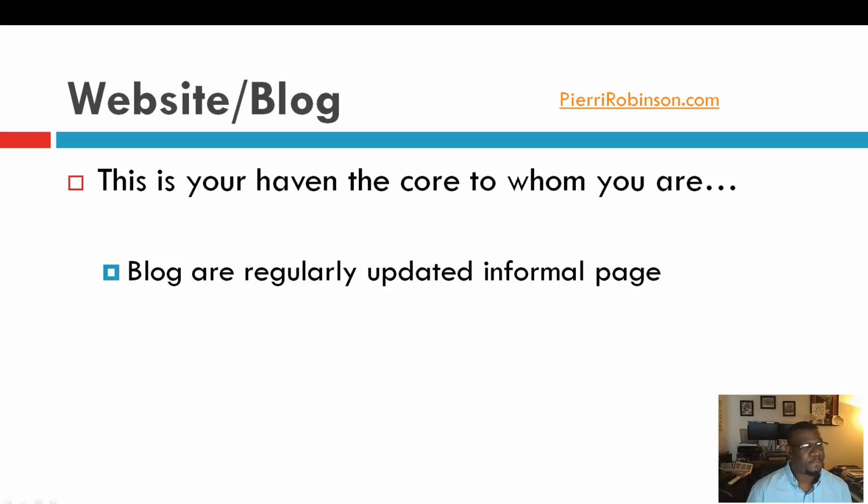With a website, they are static pages, and that's where you can talk about different things, such as any training. If you go to my site at pierrerobinson.com, you're going to see that there are some training areas there, and it talks about some of the different affiliate programs that I'm into, and that I'm working with other teammates on to help build them up as well.